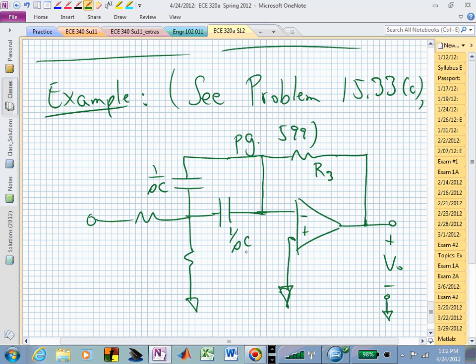Those are the same size capacitor. Here's R2, here's R1, and let me call this V sub I. And I'm interested now in the transfer function between the input voltage V sub I and the output voltage V sub O in that particular circuit.